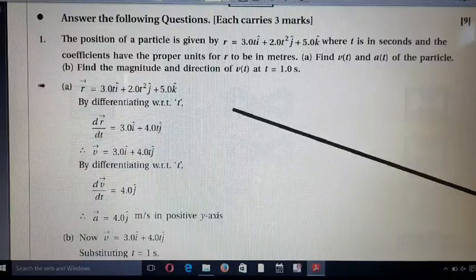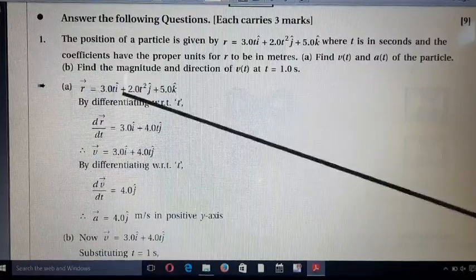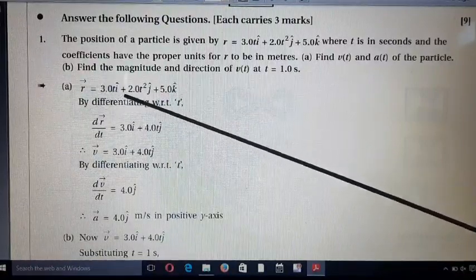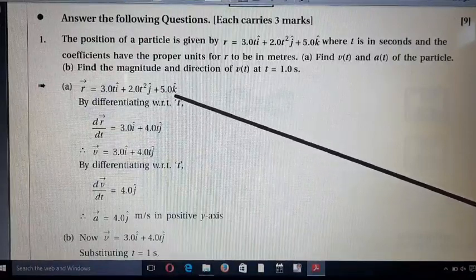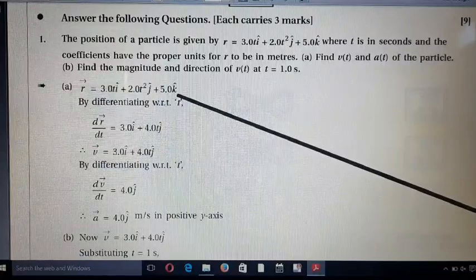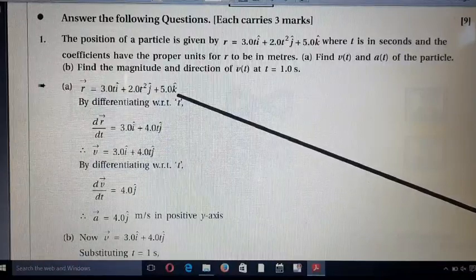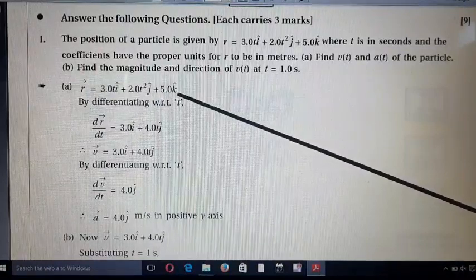Friends, first of all, the position is r = 3t i-caret + 2t² j-caret + 5 k-caret. Now we want to find the velocity, so we take the derivative with respect to time.